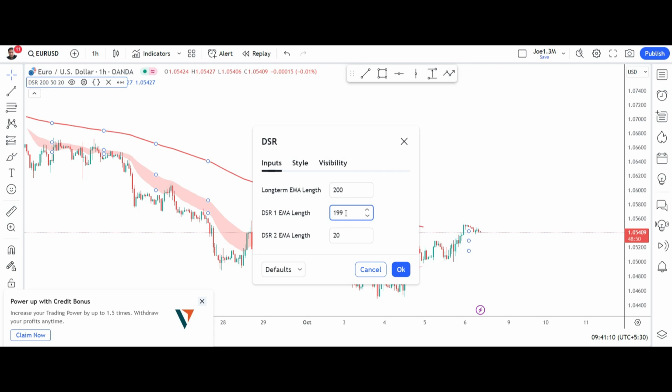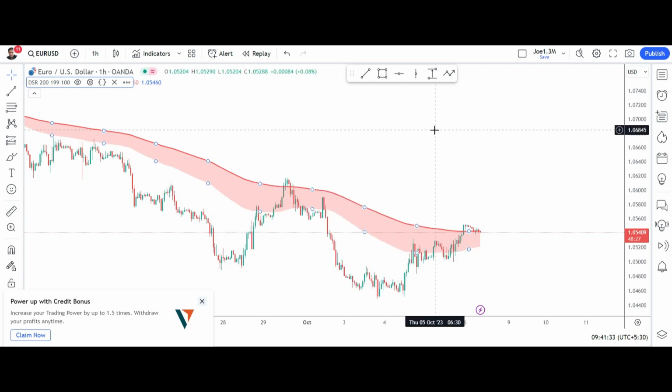So what I will do is I will change the DSR 1 EMA length to 199, which is very close to 200, and I will change the DSR 2 EMA to 100. So like we discussed in our example, 100 EMA and 200 EMA. That is exactly what I'm going to show you over here. So there you go.